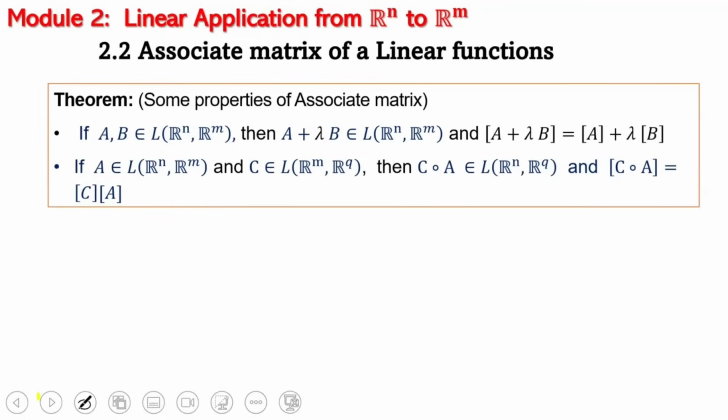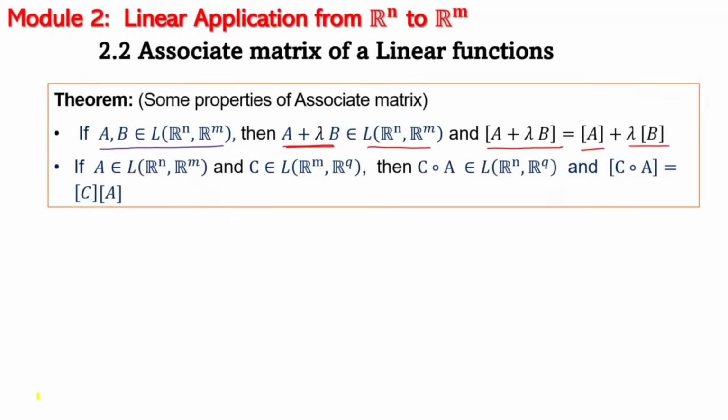So here you have, if A, B belong to L(Rn, Rm), then A plus lambda B, we already defined this linear combination of the linear functions, also belongs to L(Rn, Rm), and the matrix of A plus lambda B can be separated and written as matrix of A plus lambda matrix of B. And in the same way, if A is from Rn to Rm and C is from Rm to Rq, meaning A(Rn) is a subset of Rm, then we can define the composition, and the matrix of the composition C composed with A will be matrix C multiplied by matrix A. You have to keep the order of the matrices in sequence. So first matrix C, and then the matrix A.